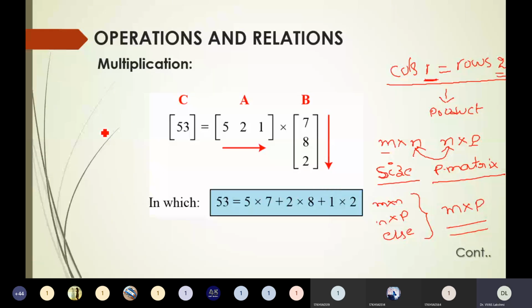So here we will take an example. Before calculating the matrix product, we will check whether it is compatible for the matrix product operation or not. First we will check the size of matrix A. Here the size of A is 1 row and 3 columns.